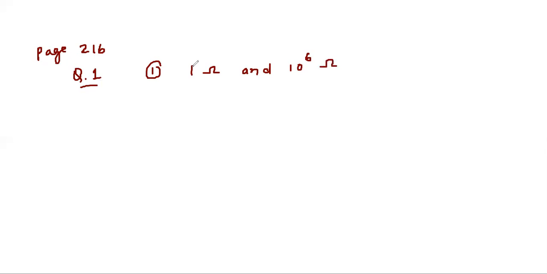So rule is there, if some resistances are connected in parallel, then resultant resistance will be less than the least of them. So definitely the equivalent resistance will be less than 1 ohm. So approximate value will be 1 ohm. Let's evaluate it. 1 upon Rp will be 1 upon 1 plus 1 upon 10 power 6. LCM will be 10 power 6.